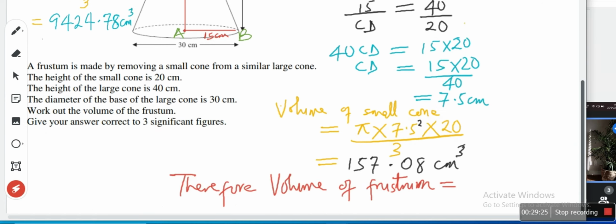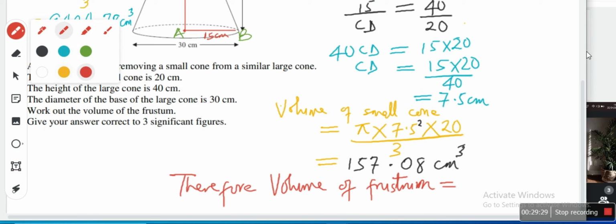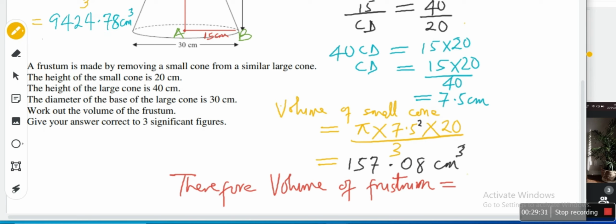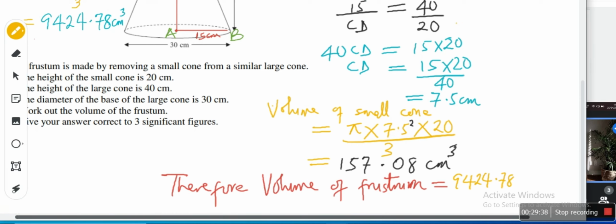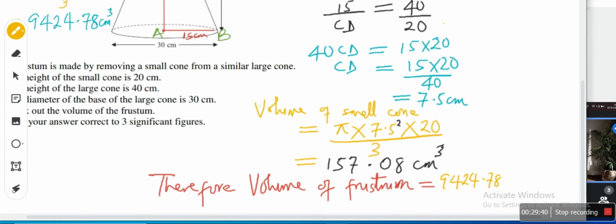Volume of big cone is what? 9,424.78. Take away 157.08.